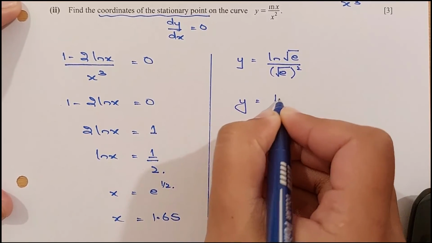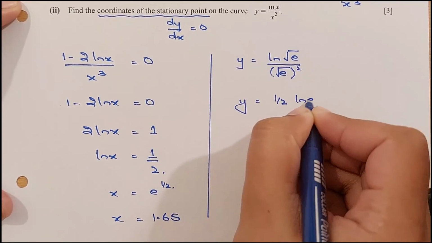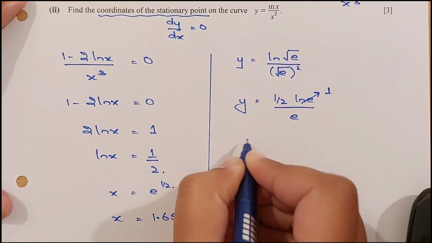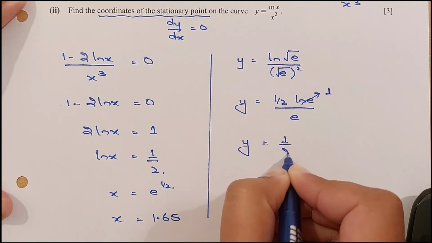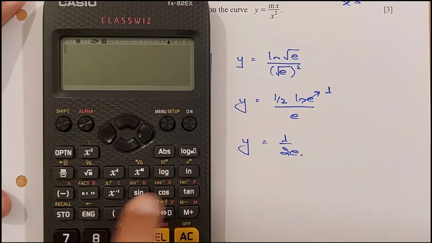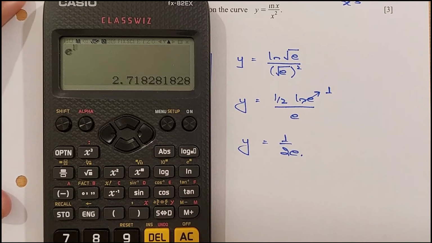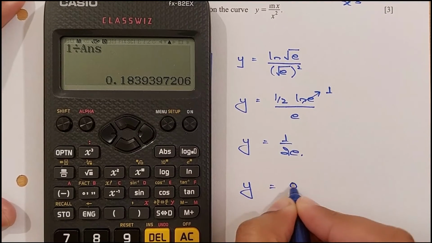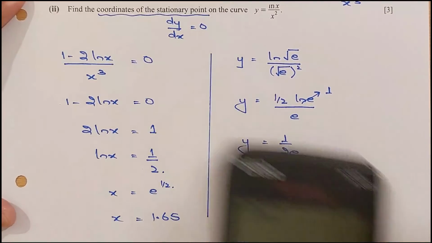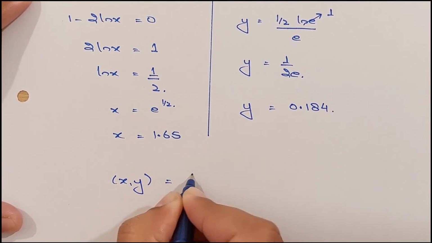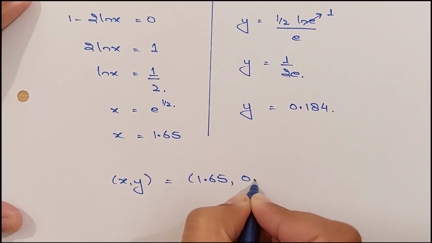So y equals 1 by 2 ln of e over e, the square and square root cancel, just e, ln of e is just 1, so y equals 1 by 2e. So that is 0.1839, so y equals 0.184. This is the y coordinate. So the coordinates of the stationary point are x and y, 1.65 and 0.184.